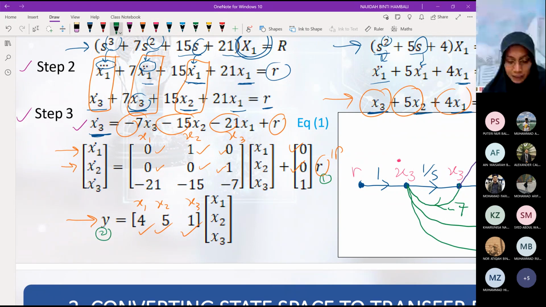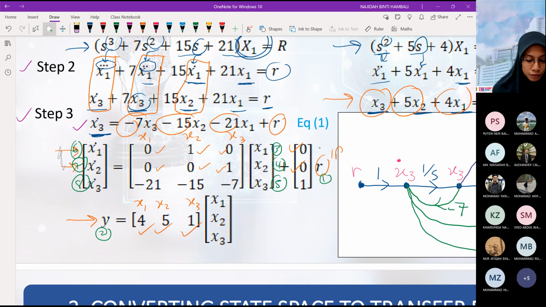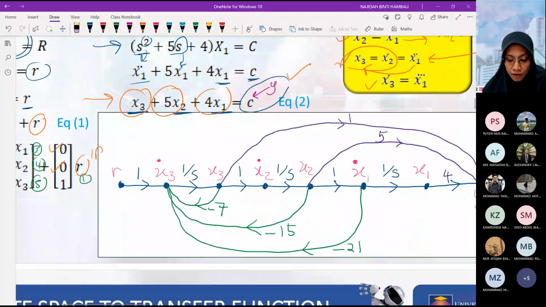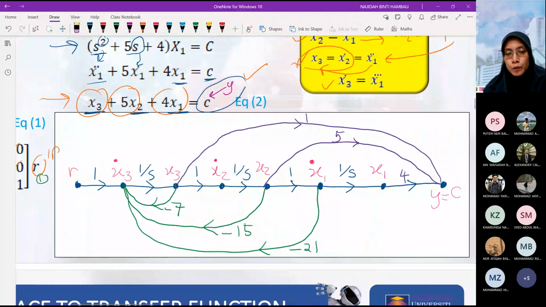We have 3 state variables, 3, 4, 5, and we have another 3 derivative state variables, 6, 7, 8. So we need 8 nodes for our signal flow graph. So we have 8 nodes representing input, output, 3 state variables, 3 derivative state variables.